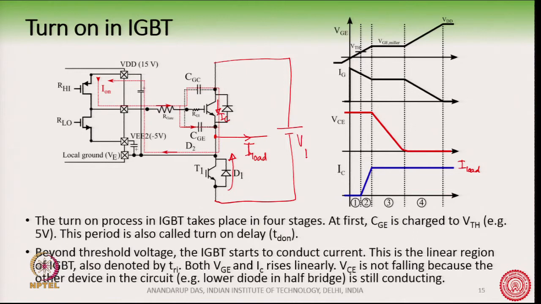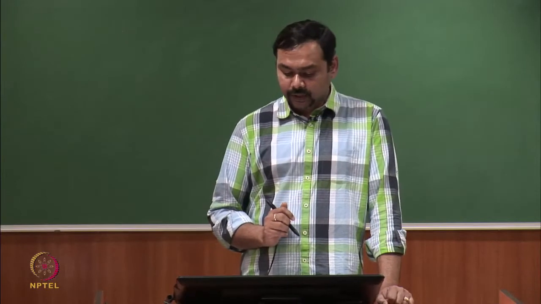So, if this is the VDC bus, this voltage will be VDC bus here. So, the voltage across the IGBT is equal to the DC bus, whereas the current is rising up here. This is a stage where there is a loss in the IGBT.